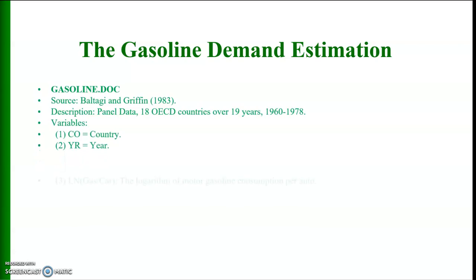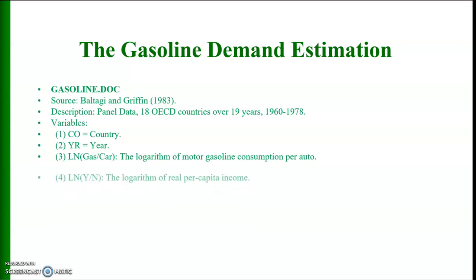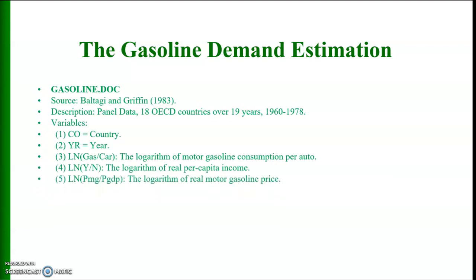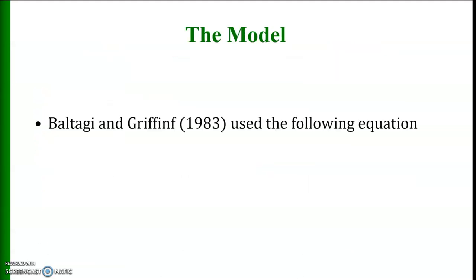CO stands for country, YR for year. This is natural log of gas per car, gas consumption per auto car, and this is a logarithm of real per capita income. This is a logarithm of real motor gasoline price. And finally, this is the logarithm of the stock of cars per capita.